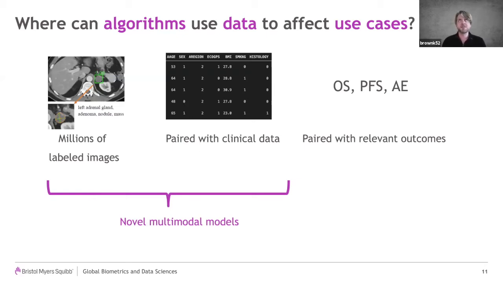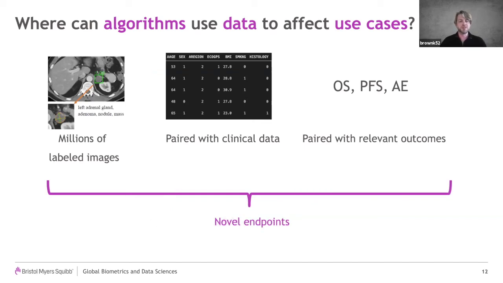So this is the kind of model that's not available without the kind of data that you have access to in certain healthcare settings, because not only do you have images, not only do you have biomarkers, lab tests, you also have other aspects over a course of time, repeated measurements, tabular data, other time series data you need to integrate. And you can then take these novel multimodal algorithms and you can develop novel endpoints.